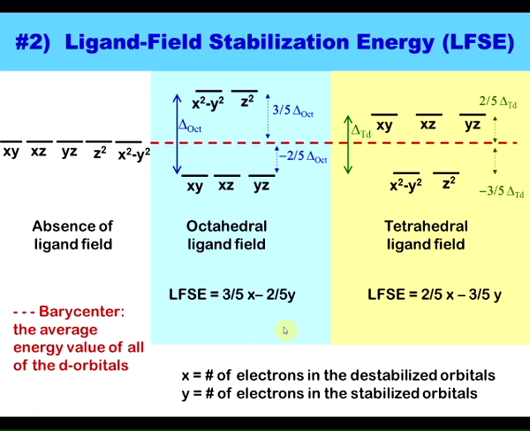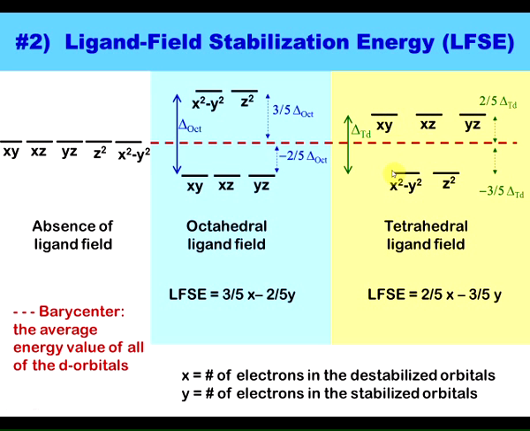Now in a tetrahedral field, remember that the ligand field splitting diagrams are reversed compared to the octahedral, where the x squared minus y squared and the z squared go down in energy, and these go down by 3/5 delta tetrahedral. So the delta tetrahedral is the difference in energy between the lower levels and the upper levels of these d orbitals.